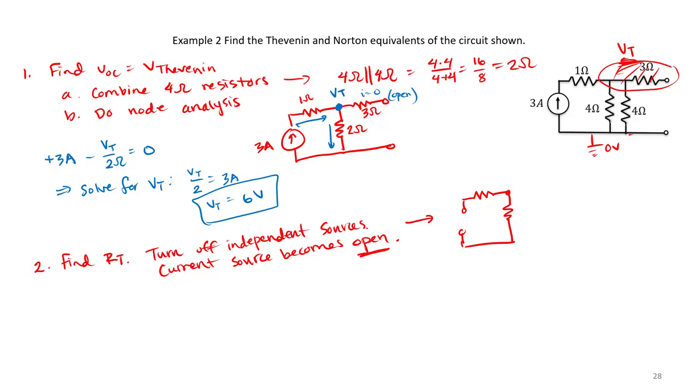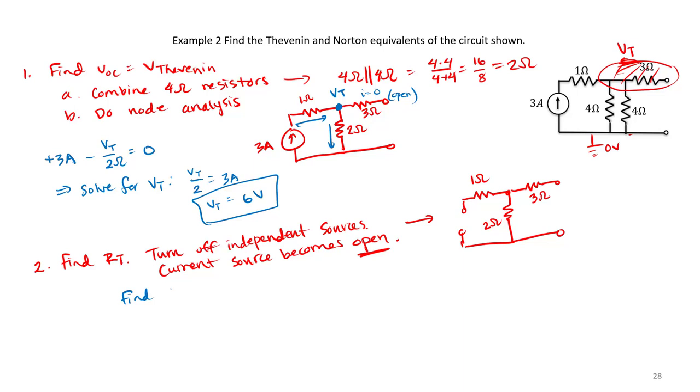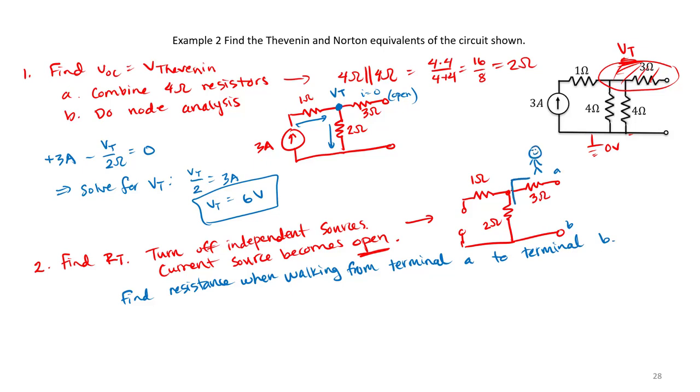So we're left with something like this. And I'm going to go ahead and leave my 2 ohm equivalent resistor in there. And remember, now I need to find my resistance when walking from terminal A to the other open terminal, terminal B. So notice the only path I can take is through the 3 ohm and 2 ohm resistors.